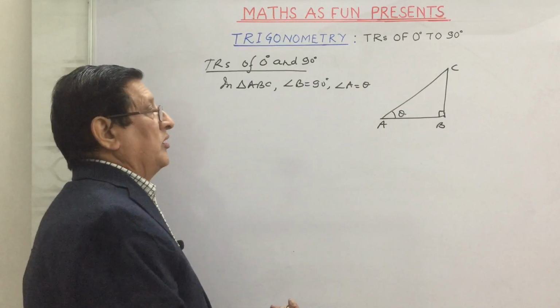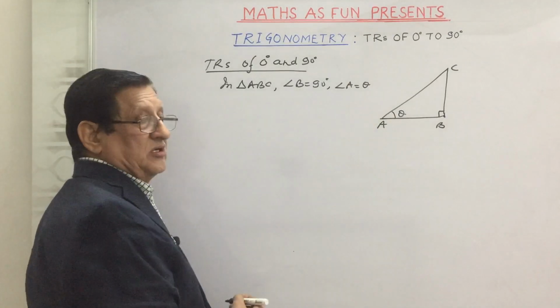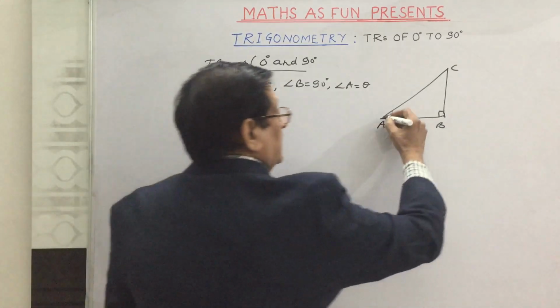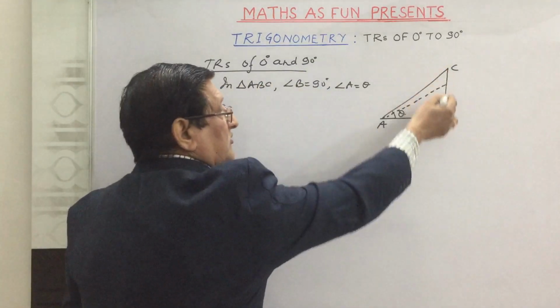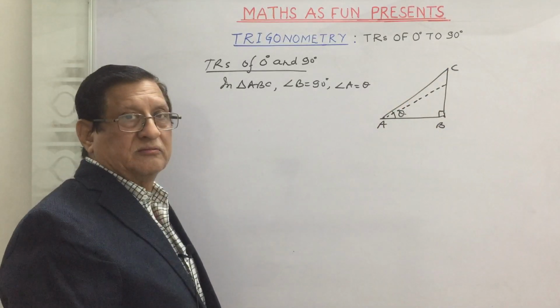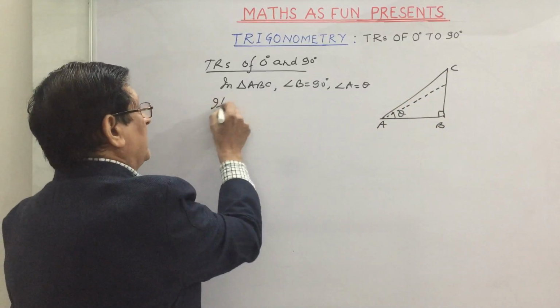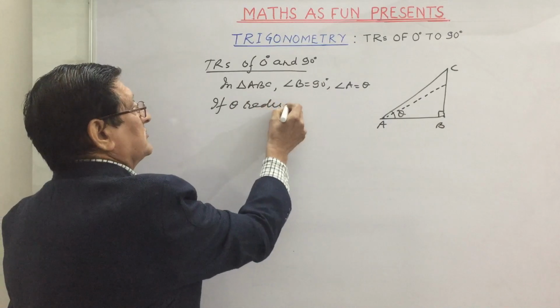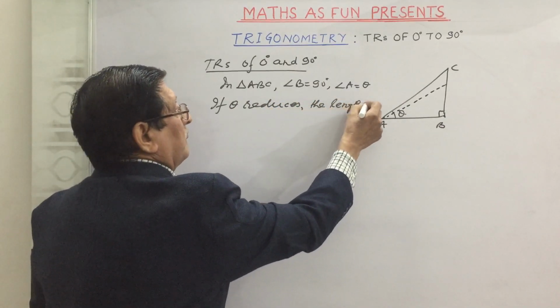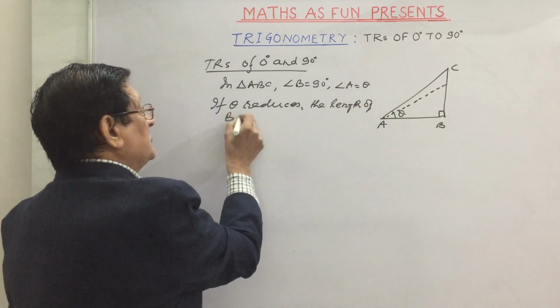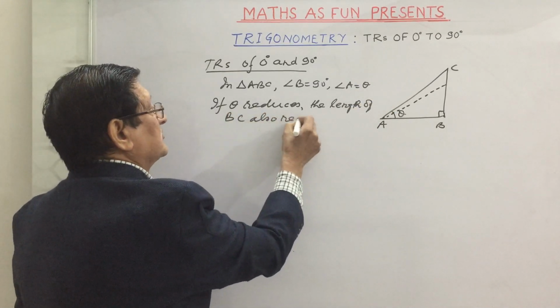Now we know if we reduce the value of theta, here you can see, suppose we reduce it, then the length of BC also will get reduced. If theta reduces, the length of BC also reduces.